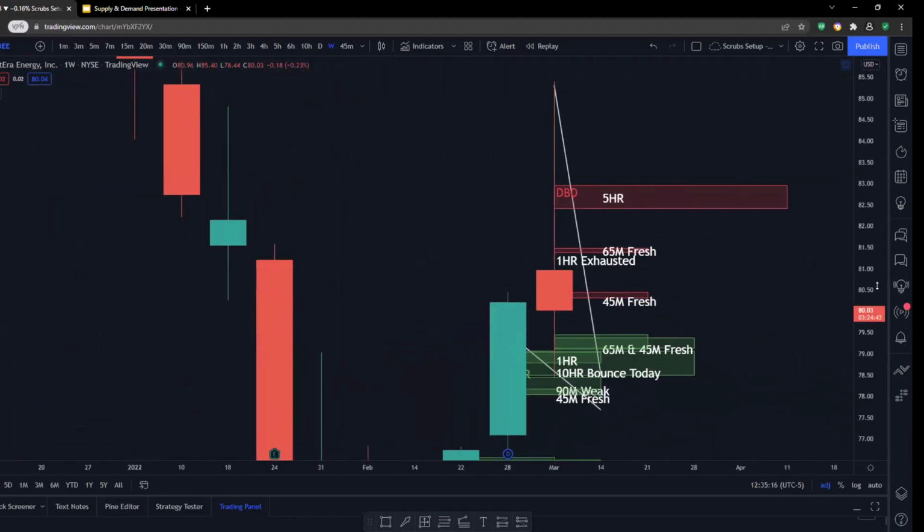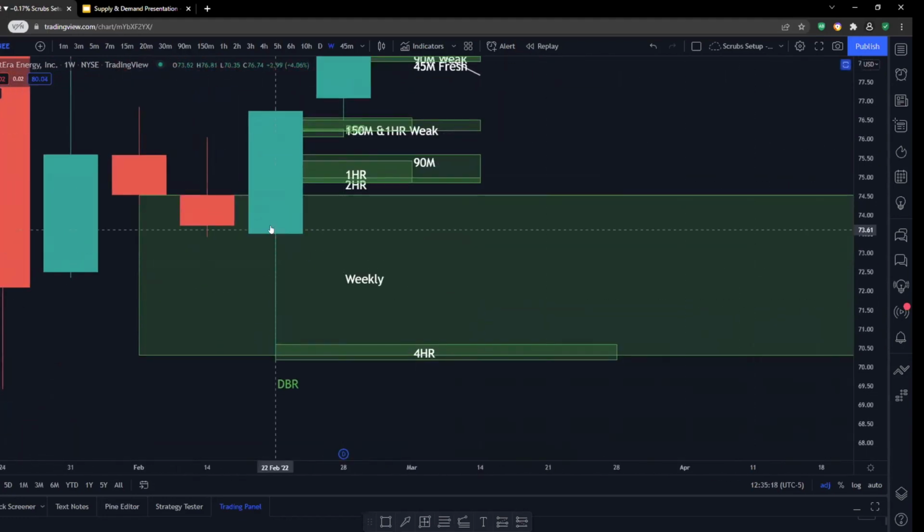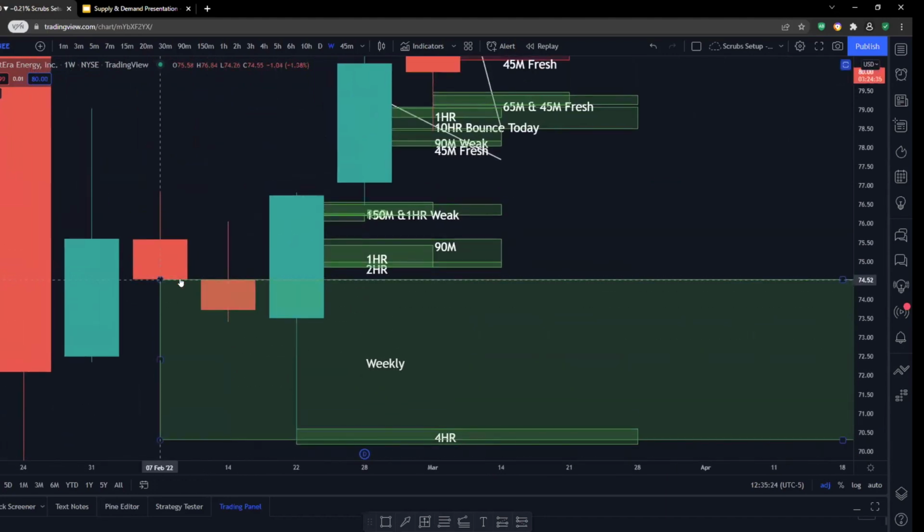Flip-flop for demand: you chart the wick from the downside, and then the top of this little body where they agreed on price. You wouldn't chart any of this up here, because this is what actually made the imbalance. This is the result of the imbalance. This is what you would consider a weekly demand area, right?